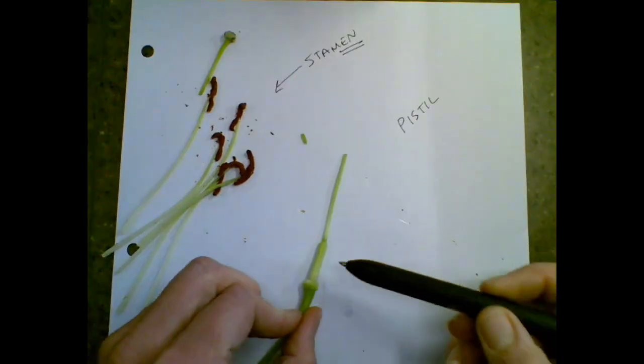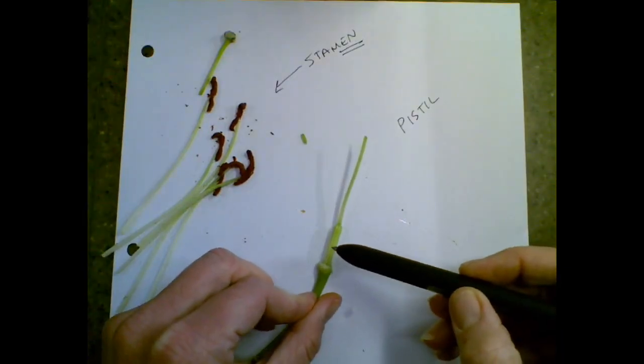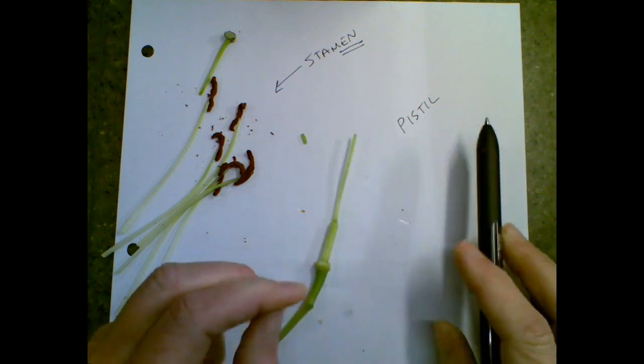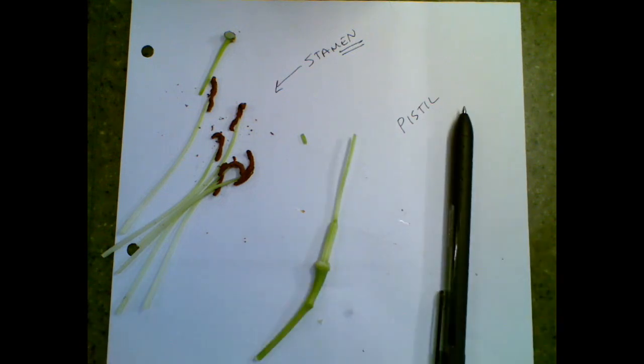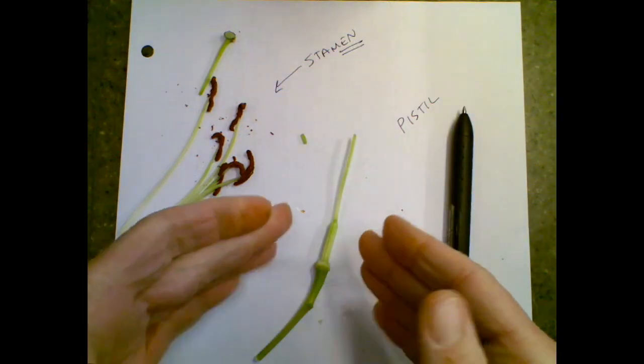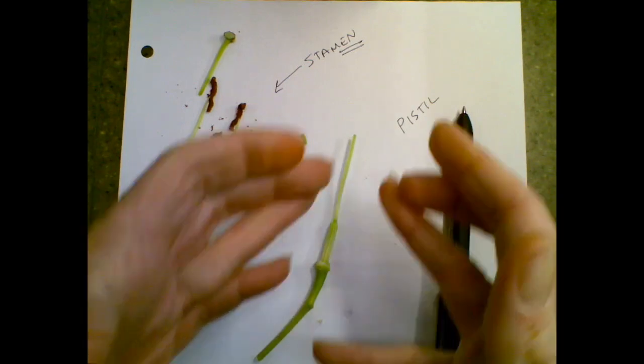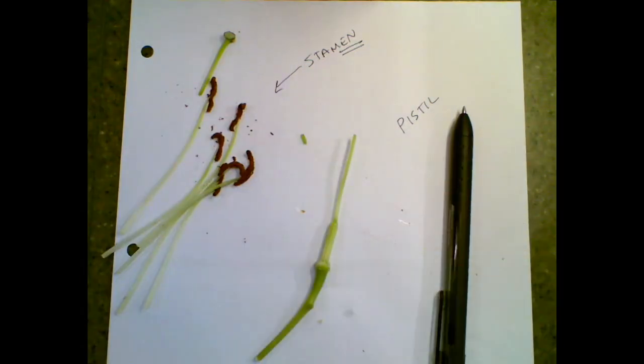Eventually it'll get down to the last part of the flower. This is the ovary right here. And the ovary itself actually is where the baby will grow if the sperm gets to the egg. There's eggs hiding in here. And we want the sperm to get to the egg, so that there can be a baby in there.